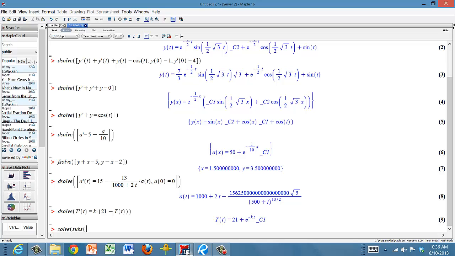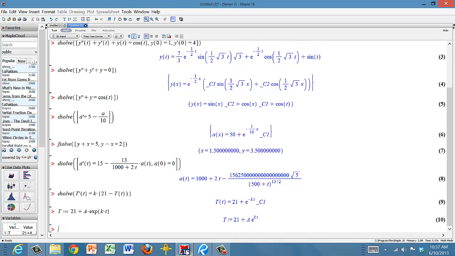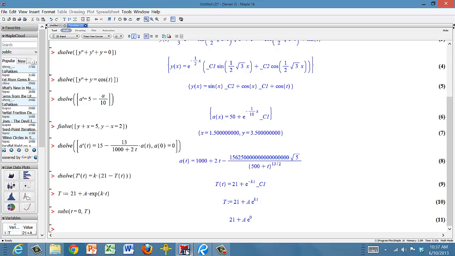I can substitute in t equals 0 into this. Well, I'd make an expression first. Capital T is equal to 21 plus a times e to the k times t. Now, if you're not familiar, if I do the substitute command, I can substitute values into that expression. So I can substitute in t equals 0 into capital T, and look what comes out.